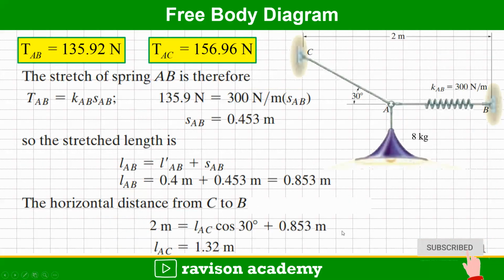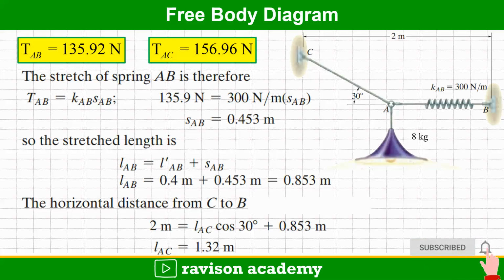Coming to the problem, we have already discussed how to find out the tension in AB and tension in AC. Tension in AB is 135.92 Newton and tension in AC is 156.96 Newton. Now the stretch in the spring AB is related to the force: the tension in AB, 135.92, is equal to K of AB into S of AB.